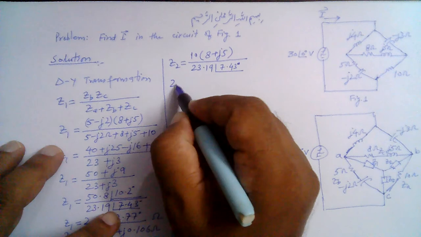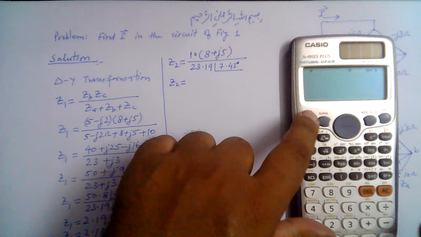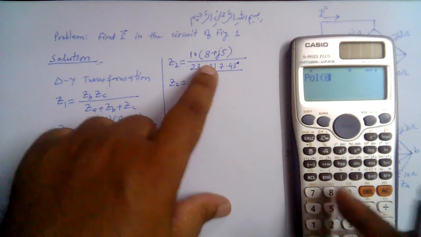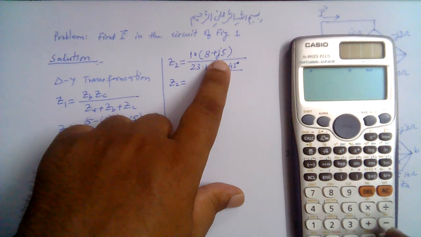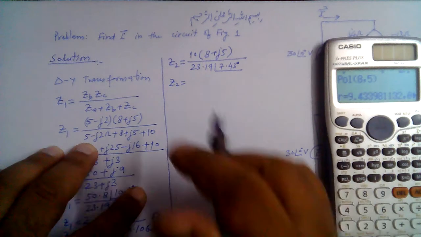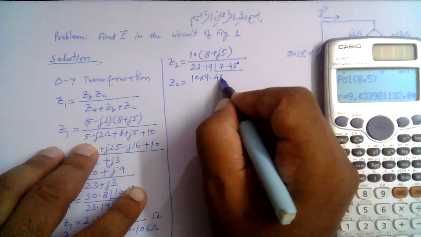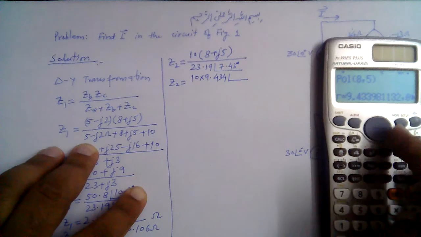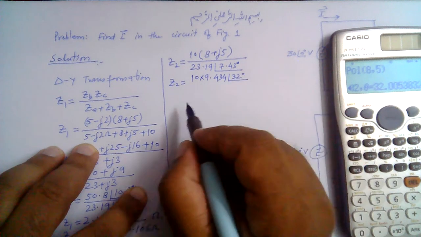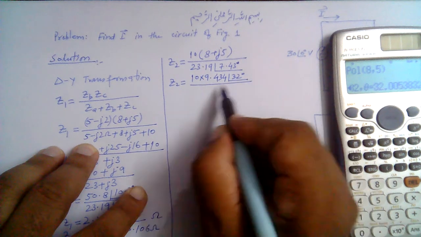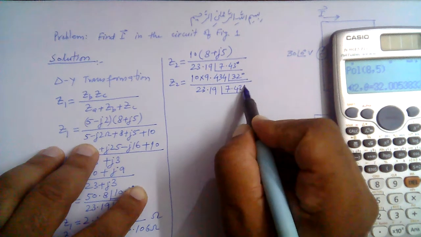So Z2 is equal to, we need to transform 8 plus j5 into the polar form. So that is 8 plus j5, and that is 9.434. 10 into 9.434, and the angle is 32 degrees, divided by 23.19 angle 7.43 degrees.